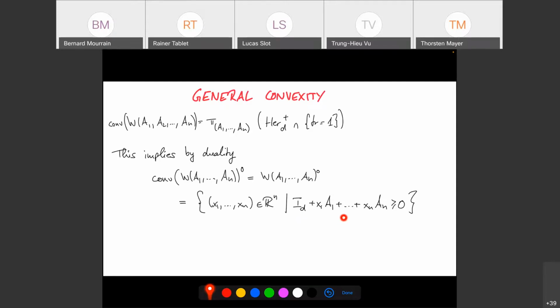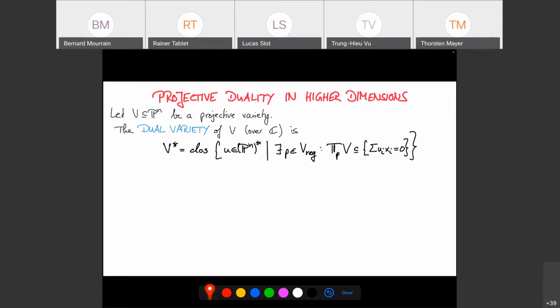So here's the Hermitian linear matrix inequality defining the convex polar of the joint numerical range, which is the same as the convex polar of the convex hull of the joint numerical range. And so we're interested in this convex hull business. I want to describe this analogously to Kippenhahn's theorem in this setup. And this works out in the same way. So we have to now introduce this projective notion of duality, which will replace the duality for plane curves. It's a bit more technical.